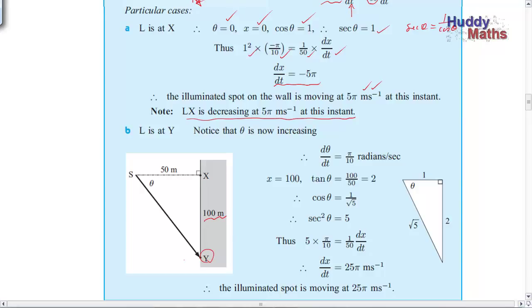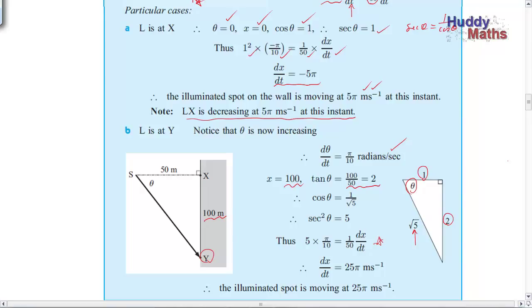Okay, so here we can put in our values now in our rates of change down here, but we've got our pi on 10, but now we know x is 100, so tan theta is 2. Put theta in a triangle, the tan is the opposite over the adjacent, so by Pythagoras we can do that.